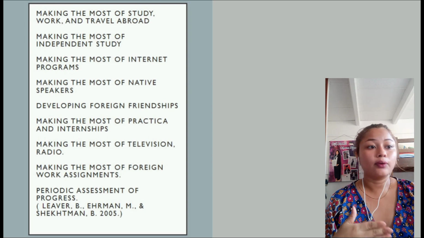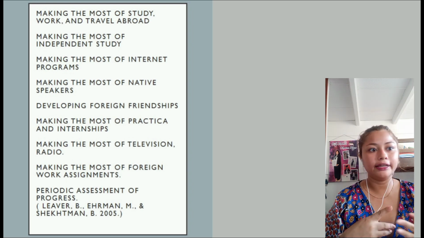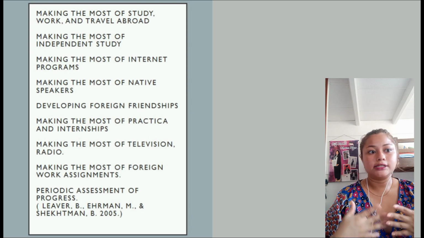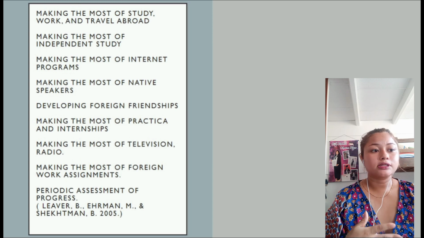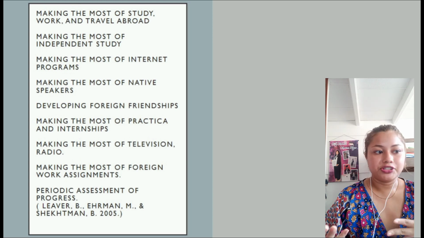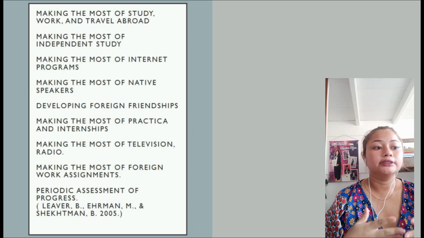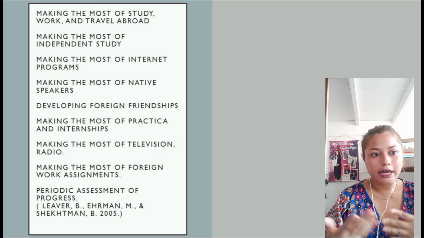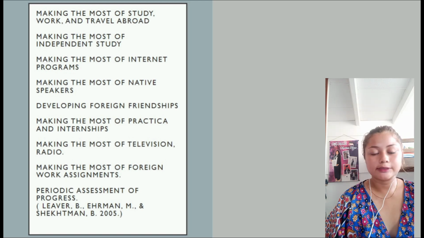I must set goals such as making the most of study, work, and travel abroad, making the most of independent study, making the most of internet programs, making the most of native speakers, developing foreign friendships, making the most of practical internships, making the most of television, making the most of foreign work assignments, and periodic assessment of progress.